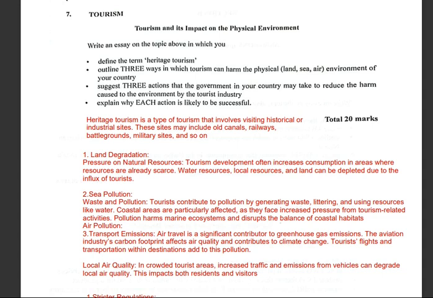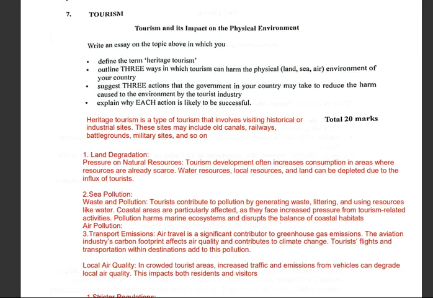For example, coastal areas are particularly affected as they face increased pressure from tourism-related activities. Pollution harms the marine ecosystem and disrupts the balance of the coral habitats. So that is one way.